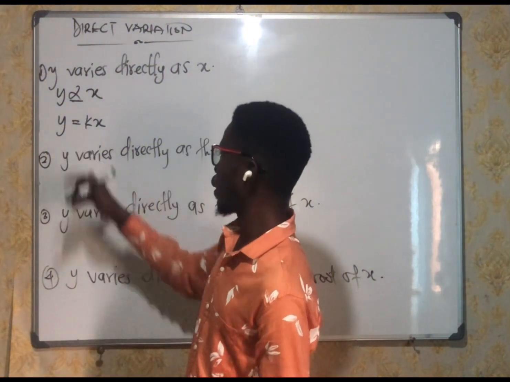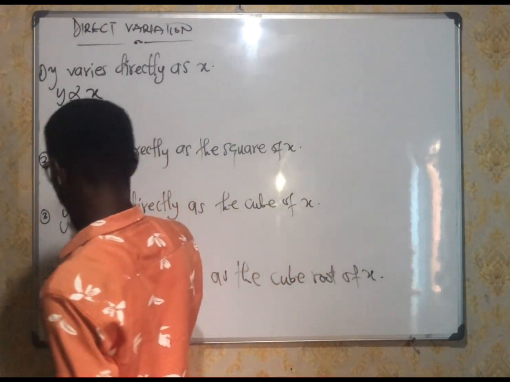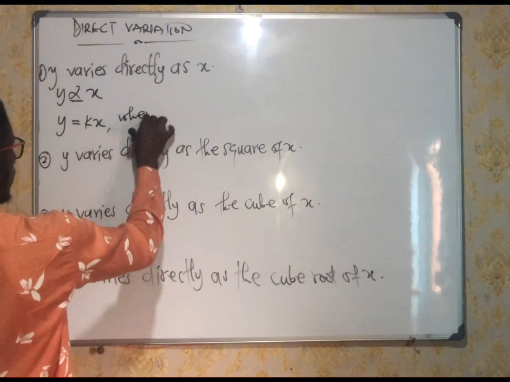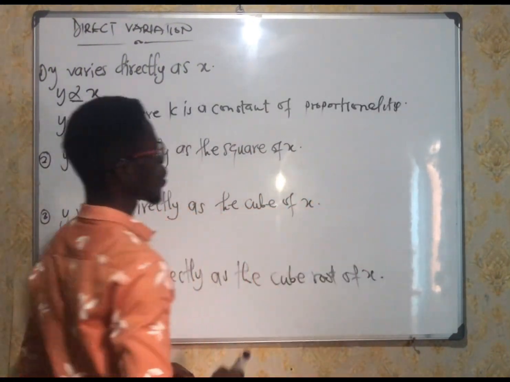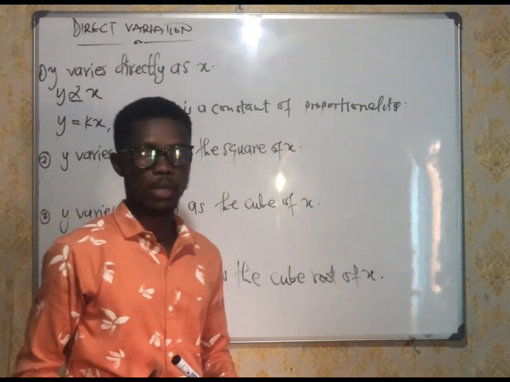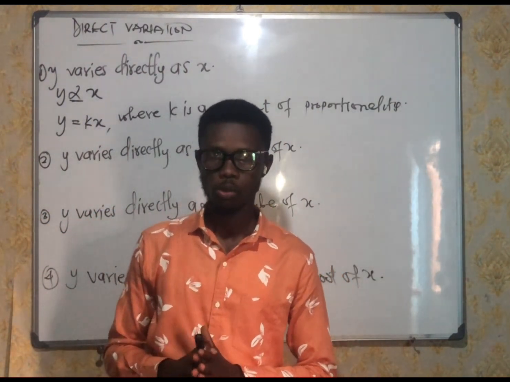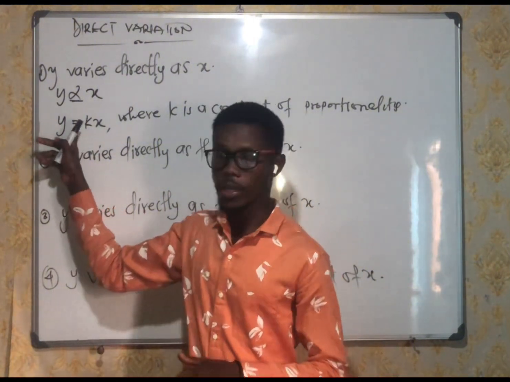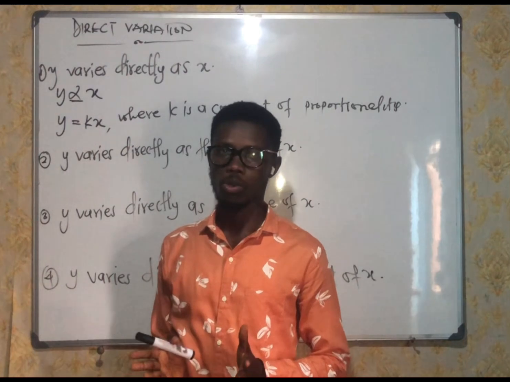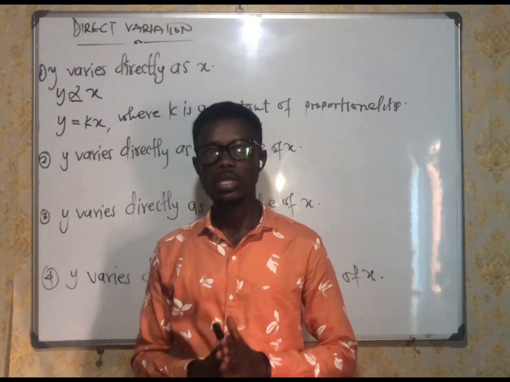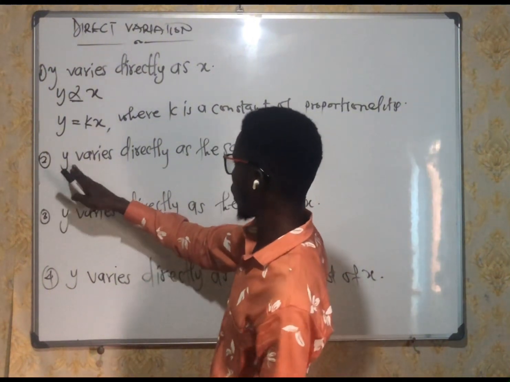So this k here is called the constant of proportionality. Anytime you want to take off the variation symbol and bring the equal sign, you have to bring a constant. You can bring any variable you want to, but normally we have been using k. Is that alright? Good.